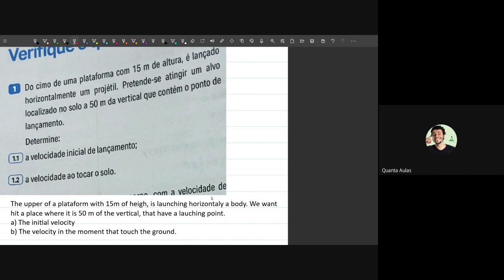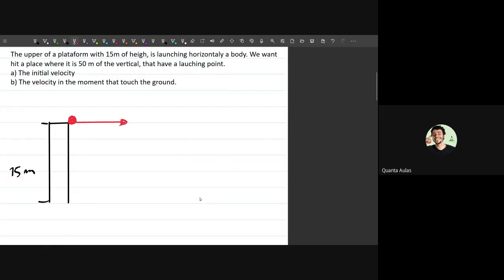So we want to hit this place, 50 meters in the horizontal.